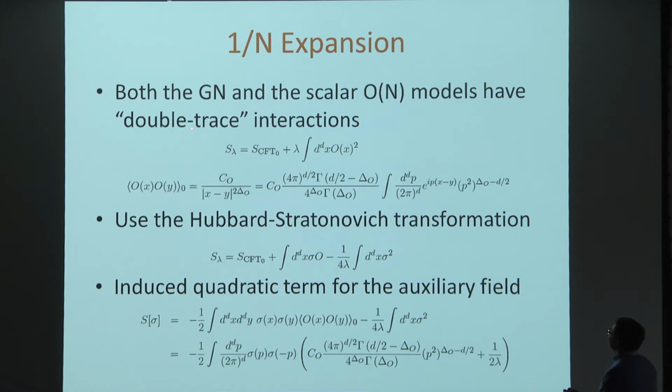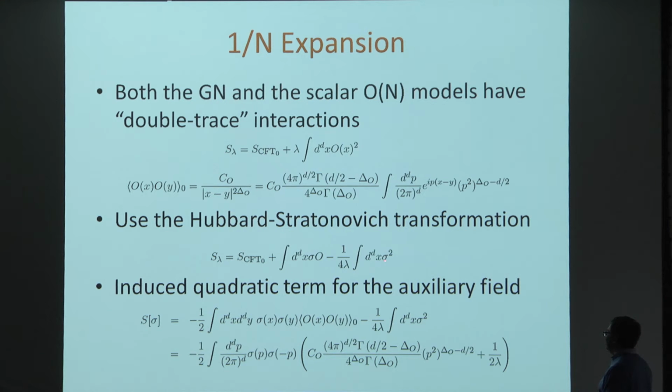So if you look, for example, at the Gross-Neveu and scalar ON models, they have very similar structure. They both have double trace interactions, namely a square of a singlet operator, and one can rewrite this square using this extra sigma field, the auxiliary Hubbard-Stratonovich field, which couples in this way.